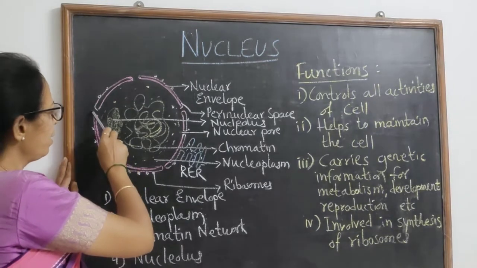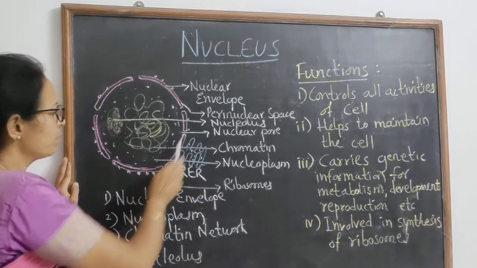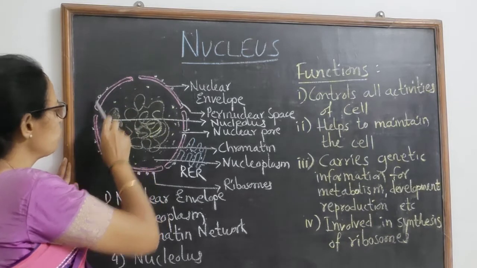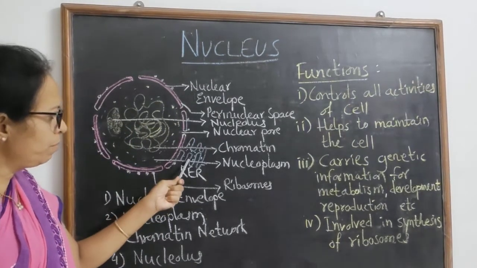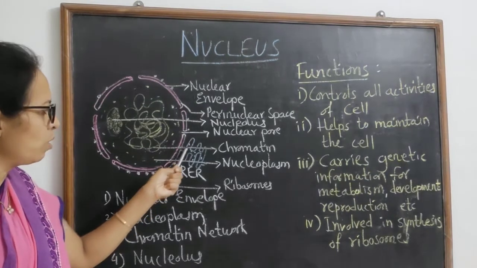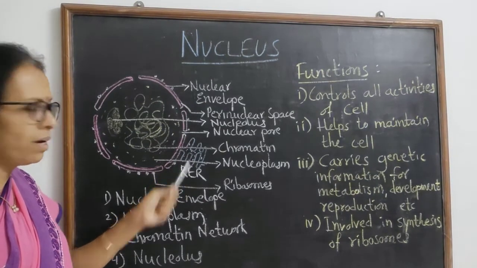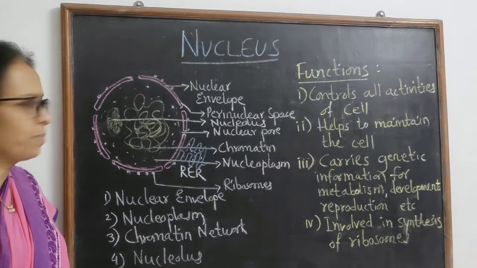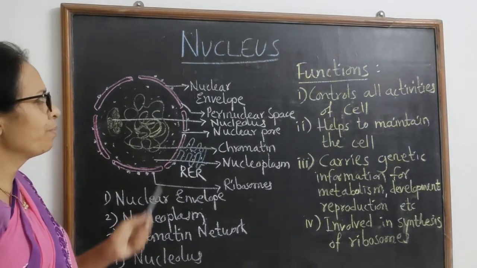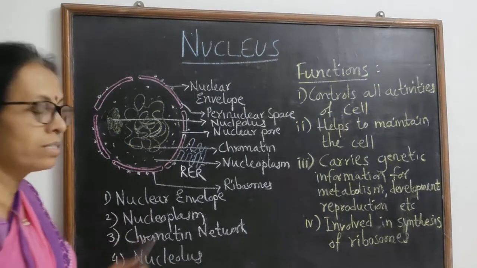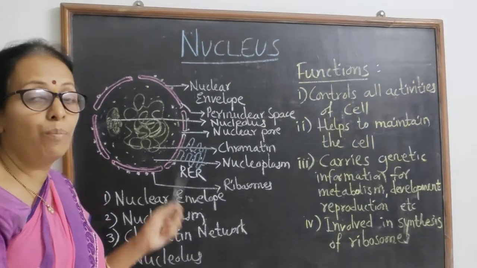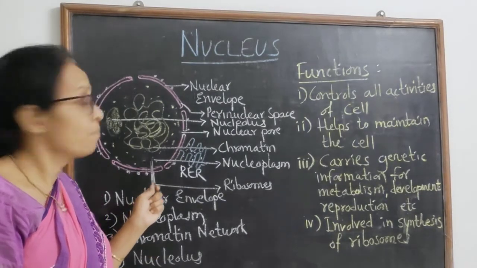Here at some places you are observing ribosomes on this membrane of the rough endoplasmic reticulum. So that is all about the structural arrangement of the nucleus which we observe in eukaryotic cells.